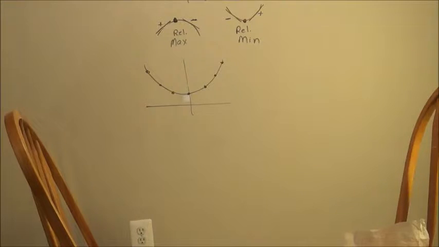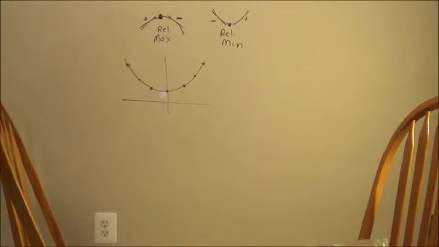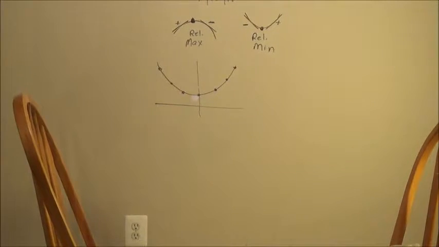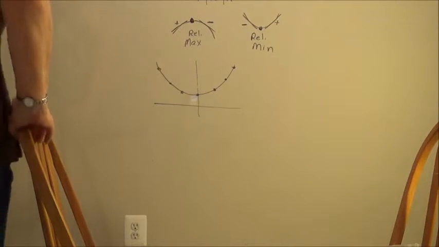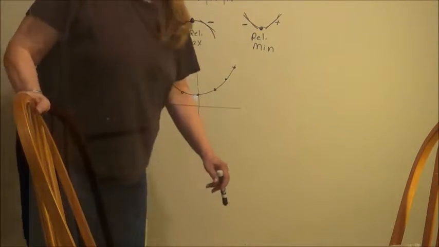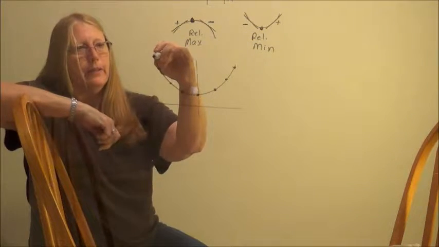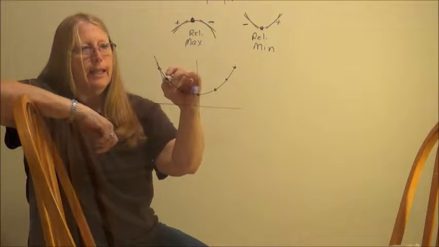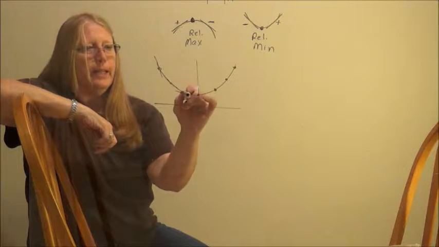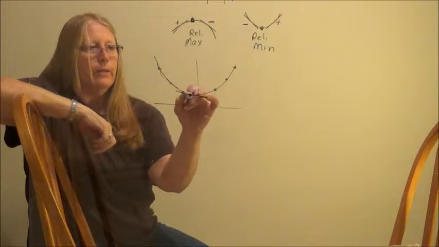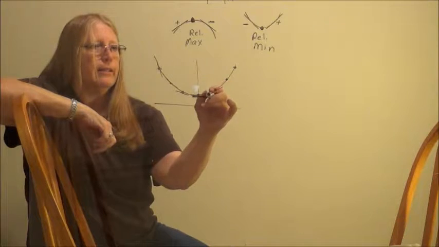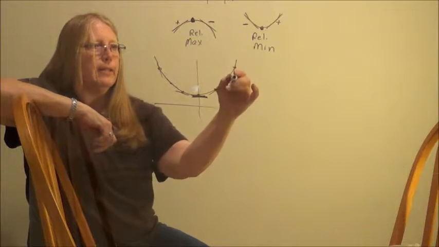See if this helps. Alright, so we have a slope here that's fairly steep, less steep, a slope here, less steep, no slope there, slope here, and slope here.